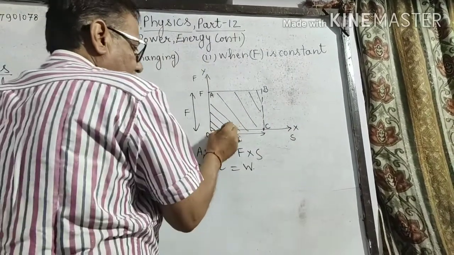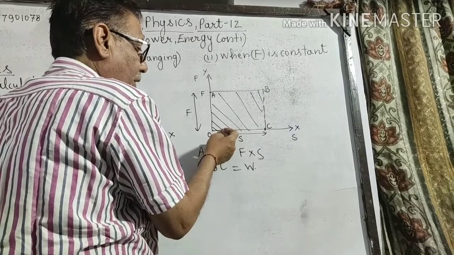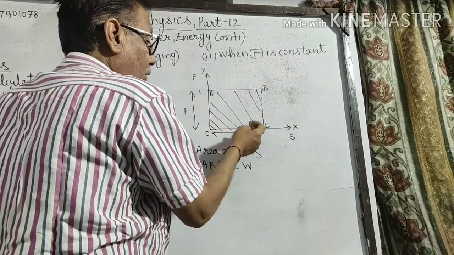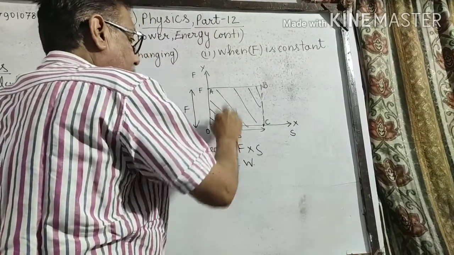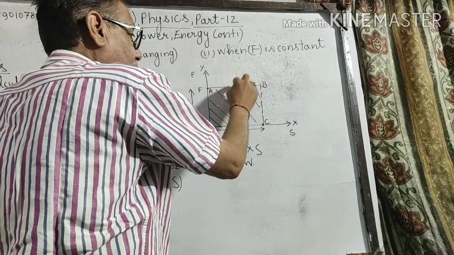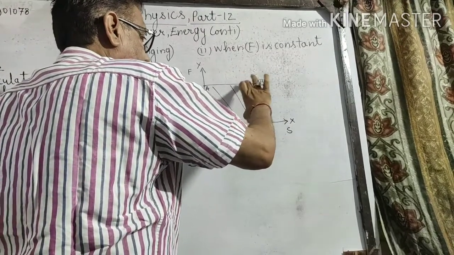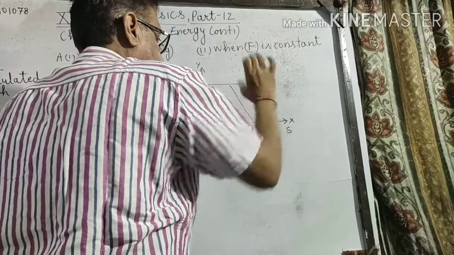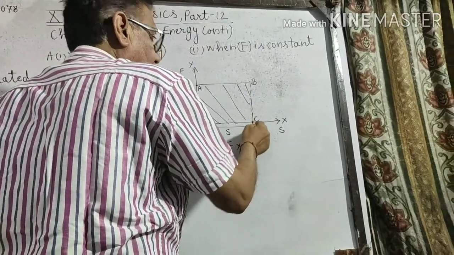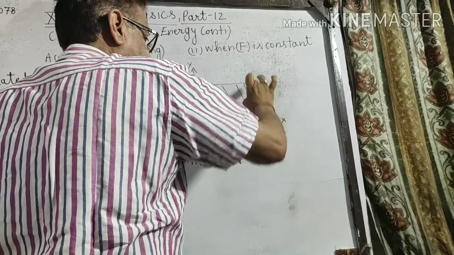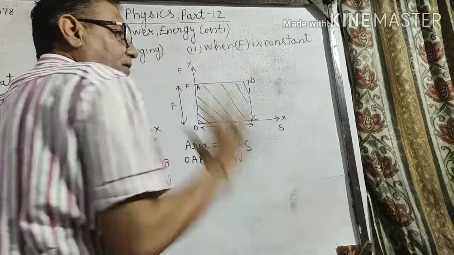Now, when the body displaces, suppose 1 centimeter, then 2, 3, 4, 5, 6, like this, up to the total displacement you have to list the value of the force. For each displacement, the value of the force is constant. For the last displacement, corresponding to C, the value of the force is BC, which is equal to OA, and it is F.